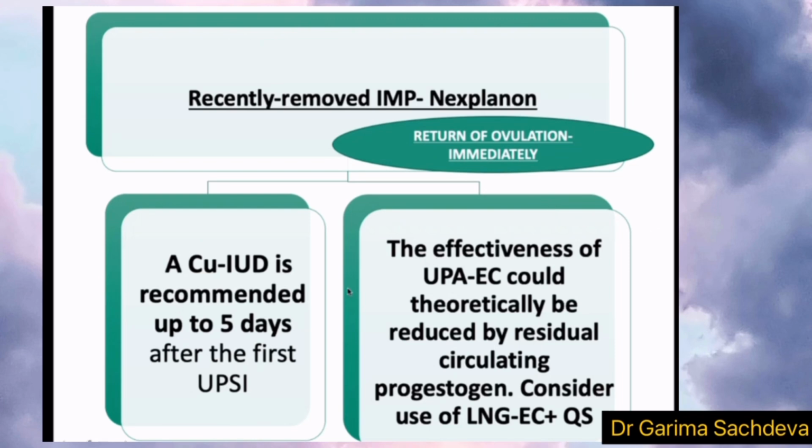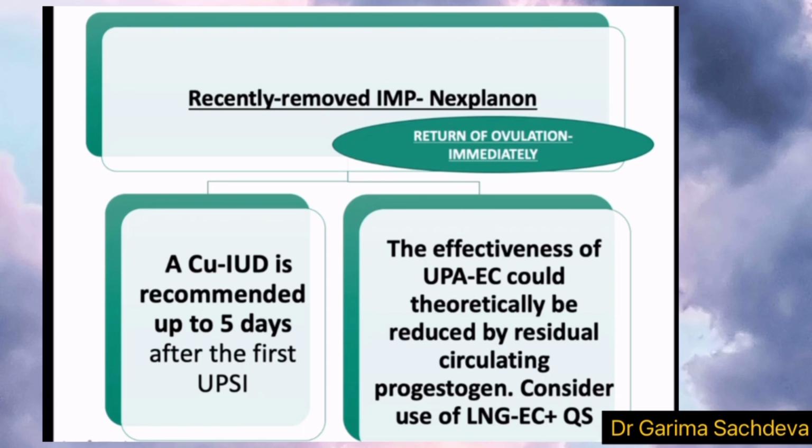So if you have removed it, or if the implant is effective for 3 years, and 3 years are over, even at 3 years 1 day, if she had a UPSI on that day, she will require additional emergency contraception, and in that case you give copper T or levonorgestrel, because again it's a progesterone.